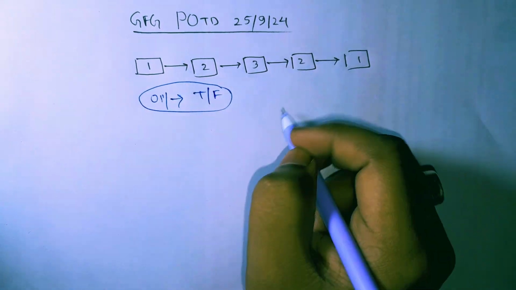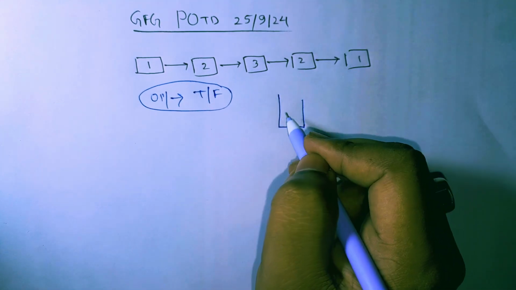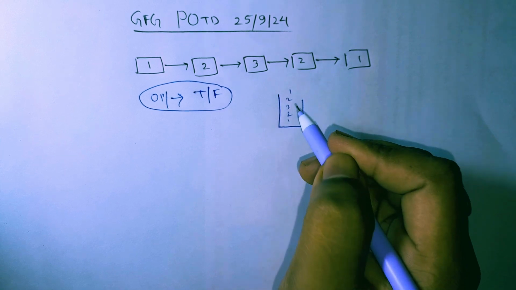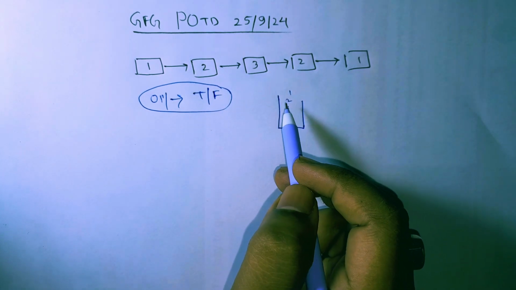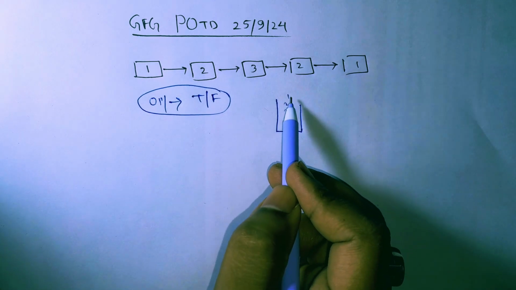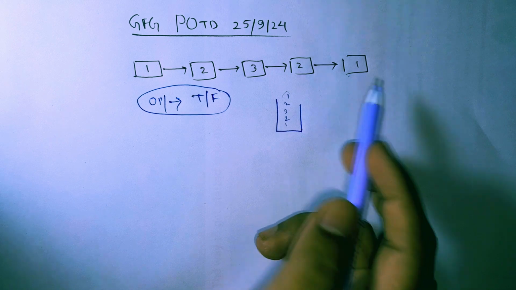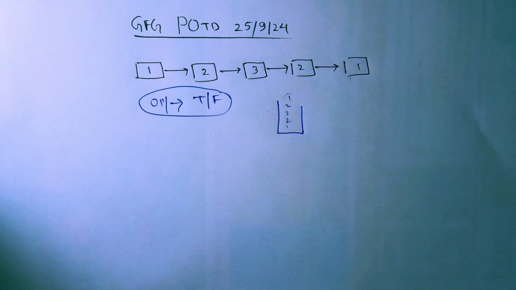We can store each and every element into a stack, like 1 2 3 2 1, and as we know, stack is last in first out, so it will check from the last element of my linked list.